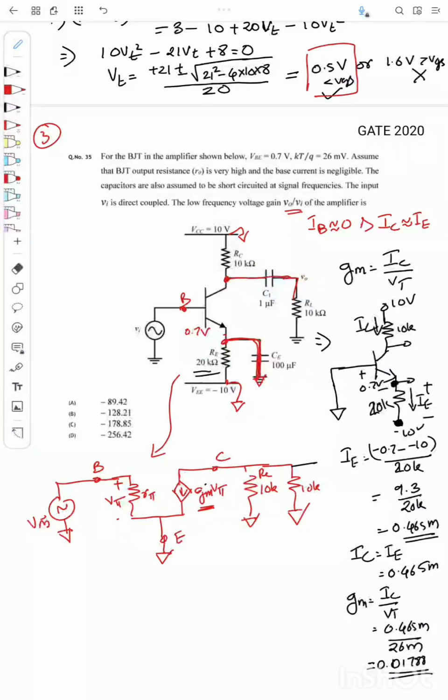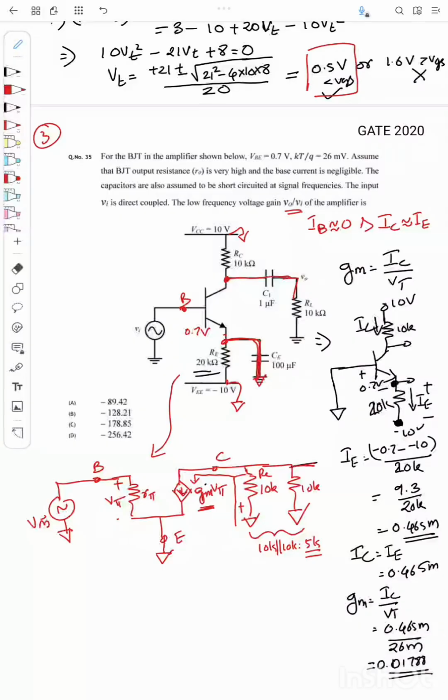So I have this small signal model. How to solve this? We have this current GM V pi flowing from bottom to up like this, right? So there will be a voltage drop, plus minus, and there are two resistances of 10k. What is the effective resistance here? 10k parallel 10k, so that is 5k. And what is V out?